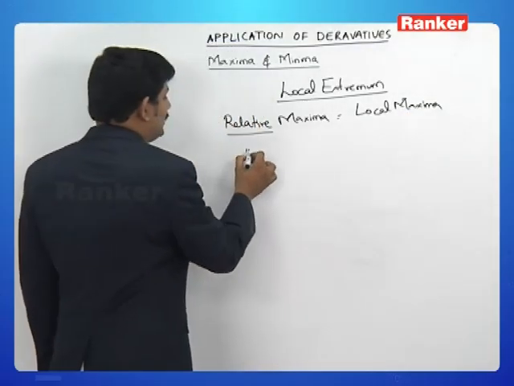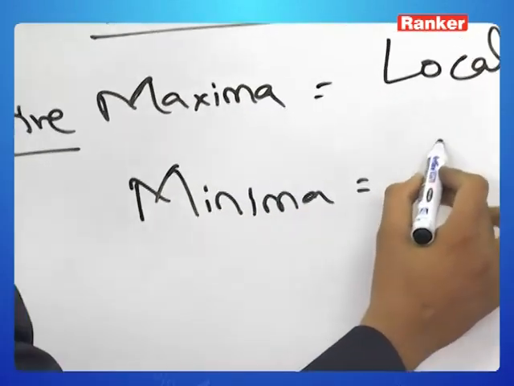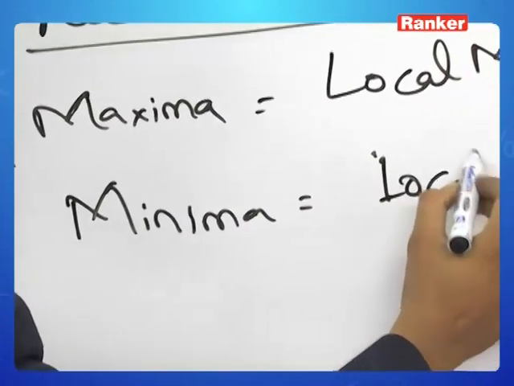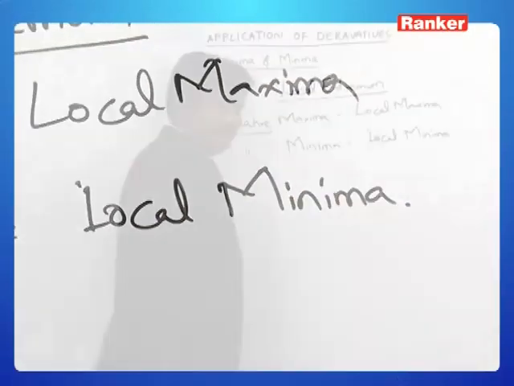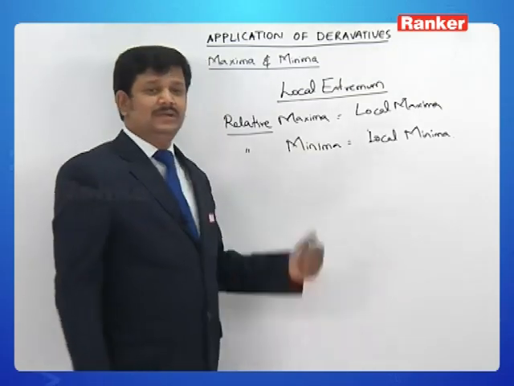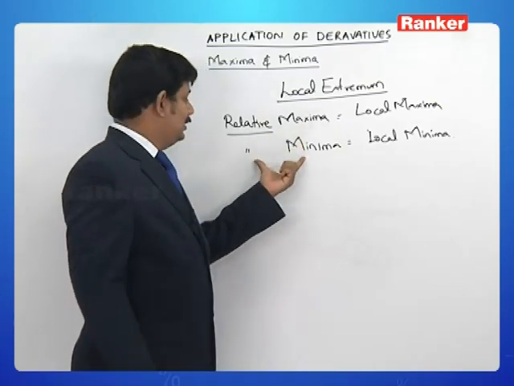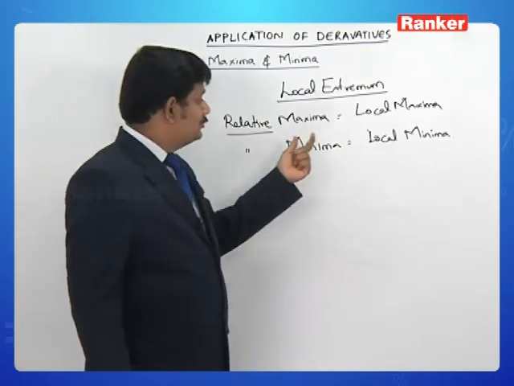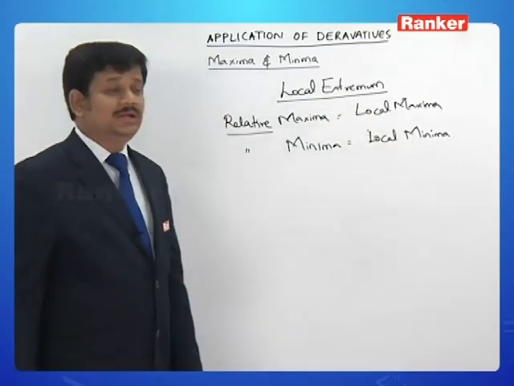Similarly, whether we say relative minima or local minima, it's one and the same. And the word local extremum is same as relative extremum. So relative extremum or relative maxima or relative minima correspond to local extremum or local maximum or local minimum respectively.